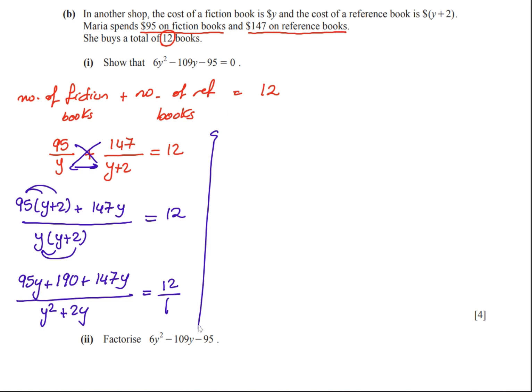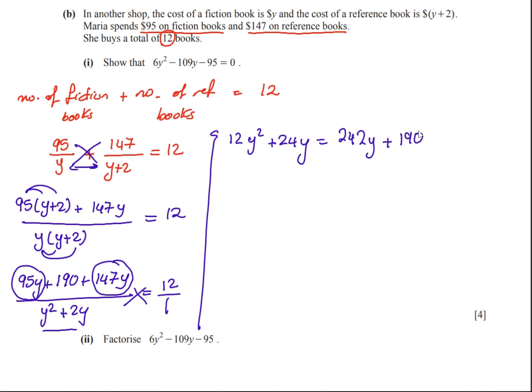Then I can do cross multiplication. So 12 multiplied by y squared plus 2y gives 12y squared plus 24y, which equals, I can also add 95y and 147y to become 242y plus 190.